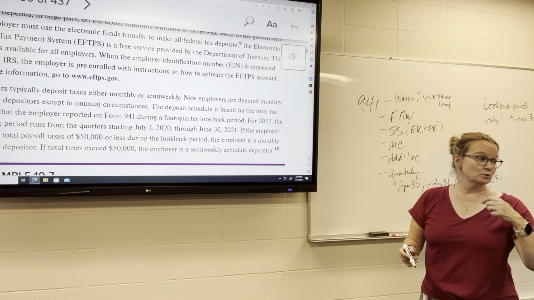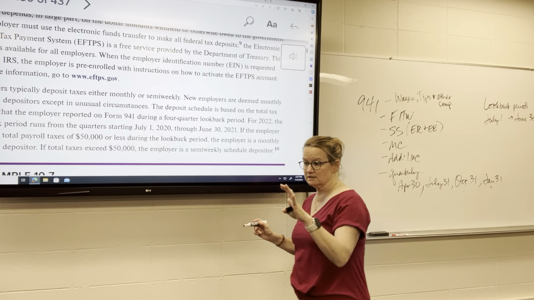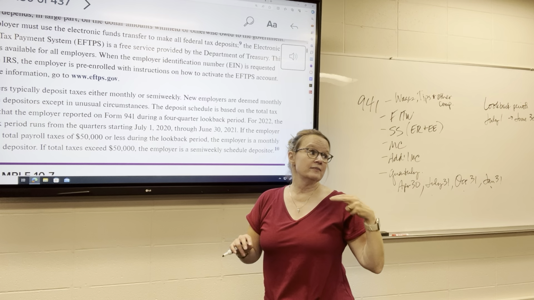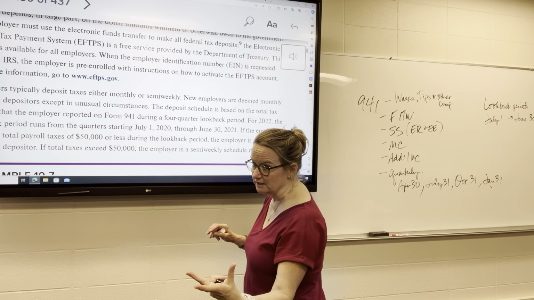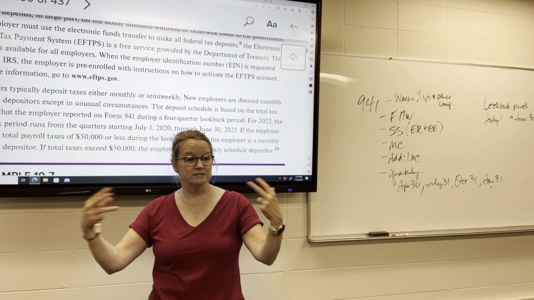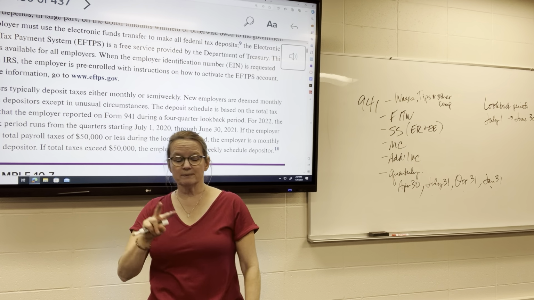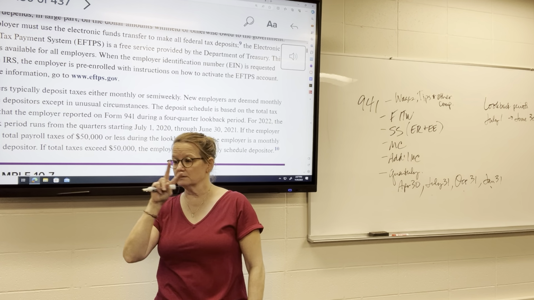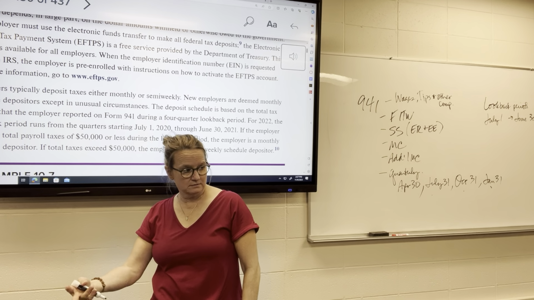We'll go through that schedule real quick. If you guys recall, that's the deposit schedule where the employer is not paying twice a week, even though it says semi-weekly. The IRS is receiving payments on 2 days during the week, and it all depends on when the employer had their payday during that time.